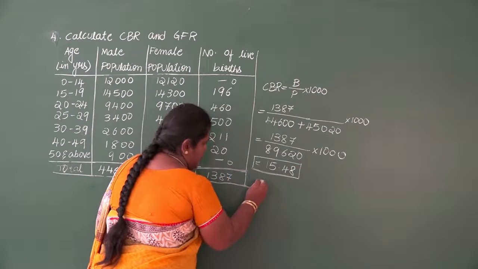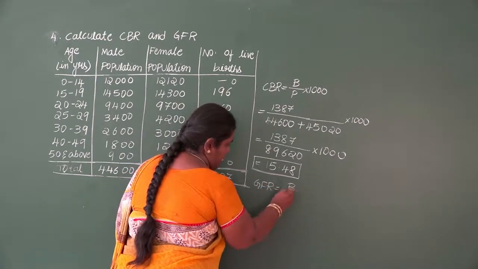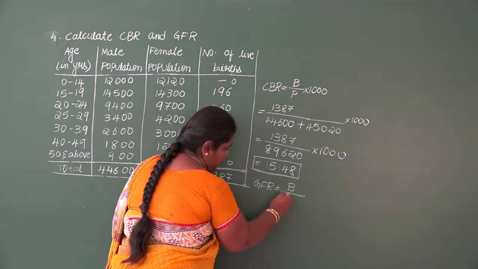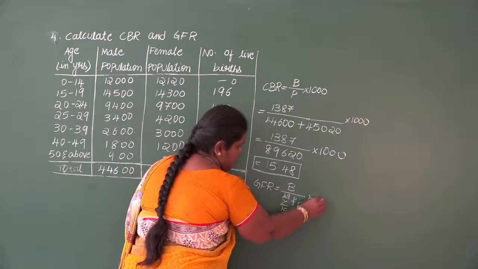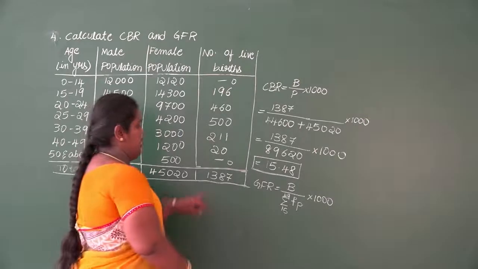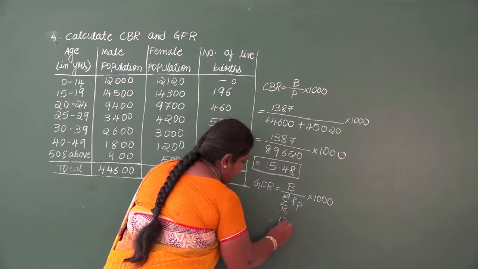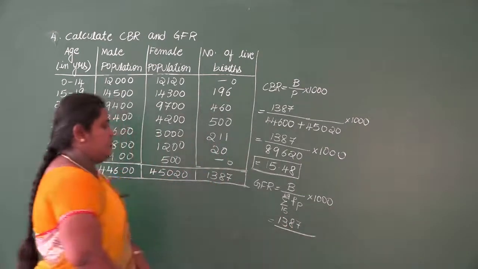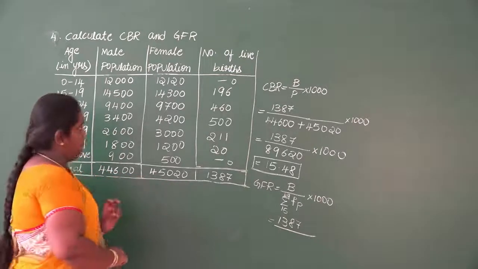So next we have to calculate the GFR. So the GFR formula is B divided by sigma 15 to 49 female population into 1000. So the birth value will remain the same, 1387. So 1387 divided by, for the female population, again we have to add now from 15 to 49.